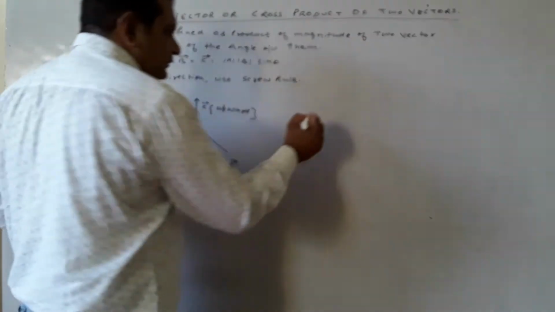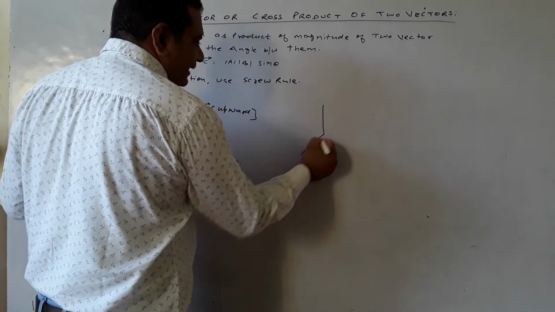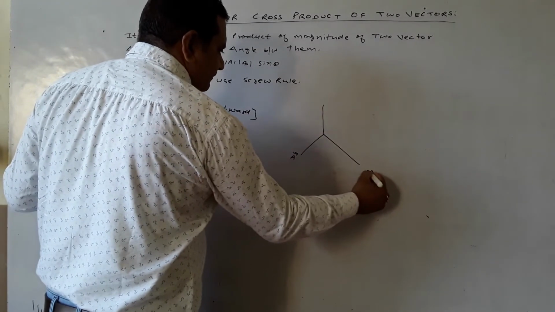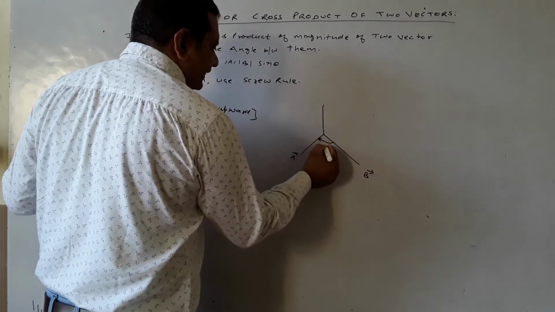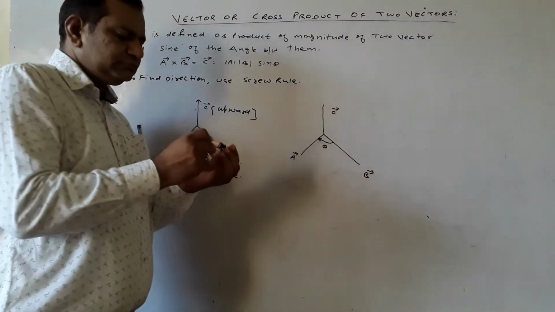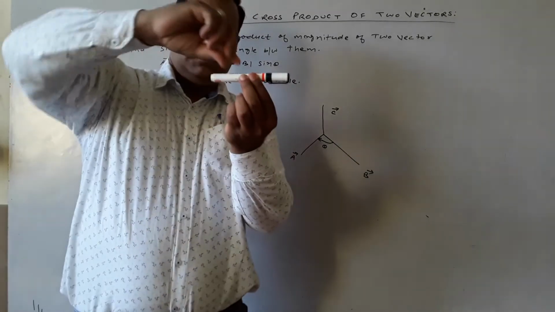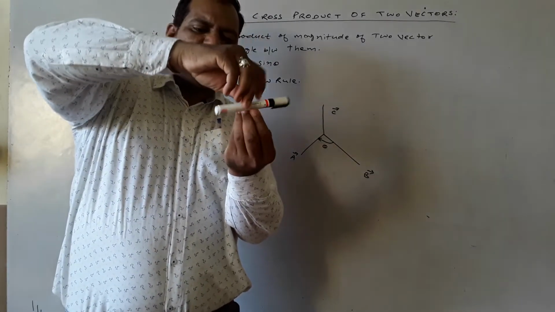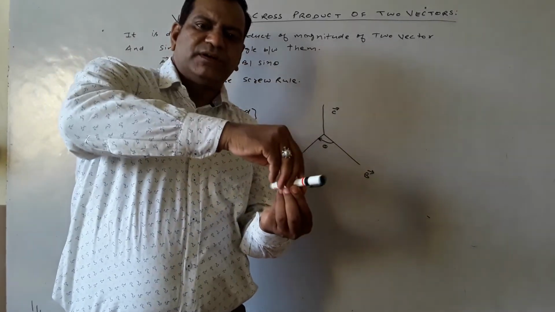And if the angle between vector A and vector B is clockwise, this is theta, this is the C vector. Now you can use the screw rule. This is a clockwise direction. If it is clockwise, then it will go downward.